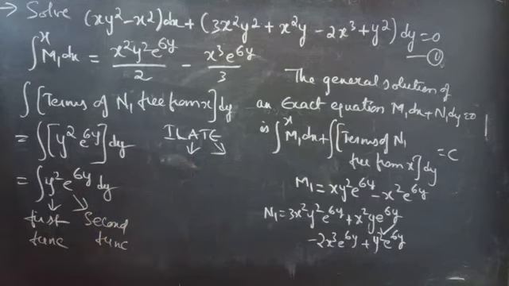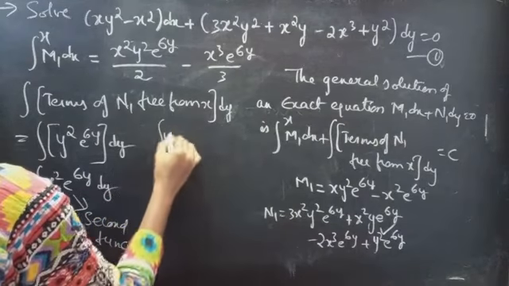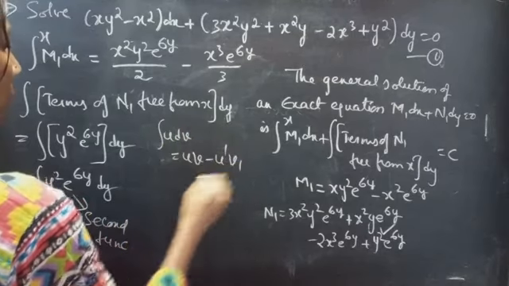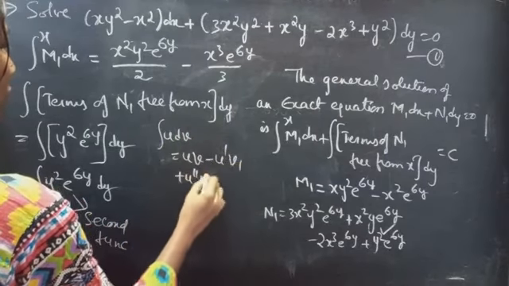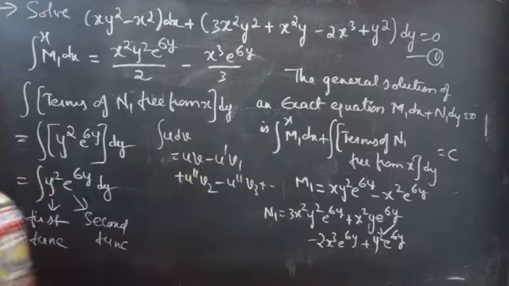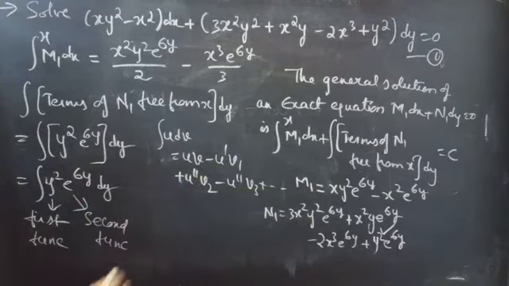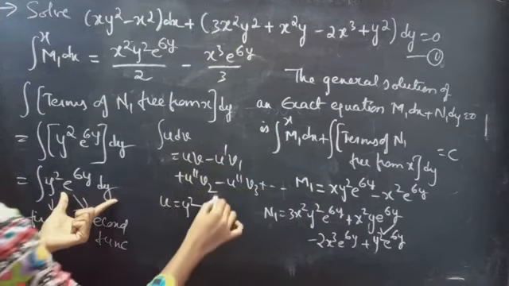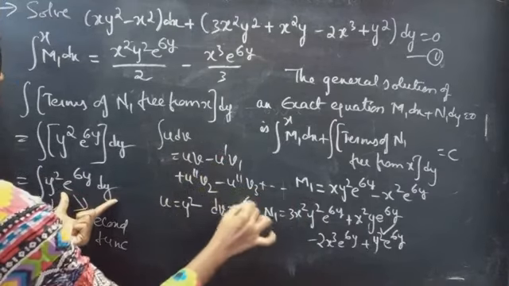Now use Bernoulli's formula to evaluate this integral. You know that integral u dv equals uv minus u dash v1 plus u double dash v2 minus u triple dash v3 and so on. Now for u equals y square and dv equals e power 6y dy.